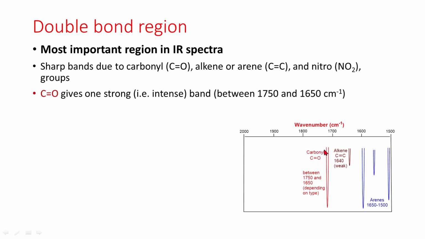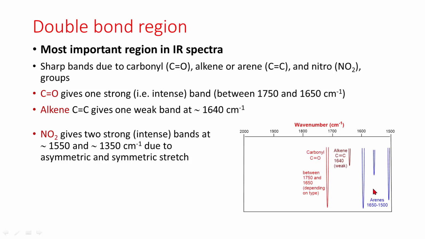Carbonyl group gives a strong band at about 1750 to 1650 cm⁻¹. Alkenes give the carbon-carbon double bond as a weak band at about 1640 cm⁻¹.